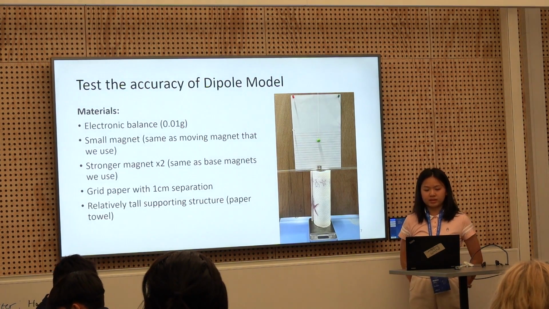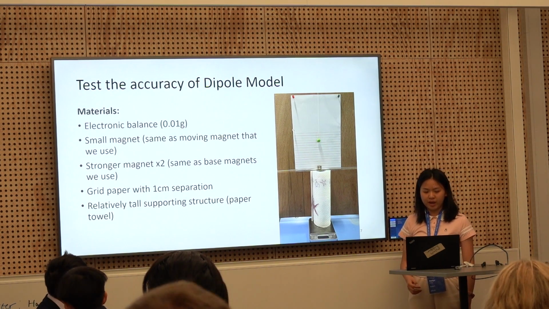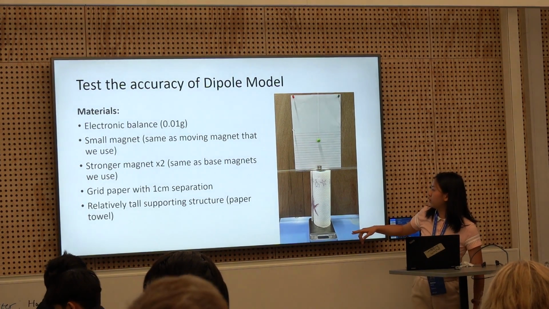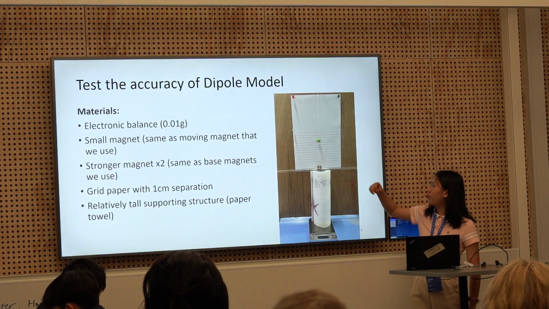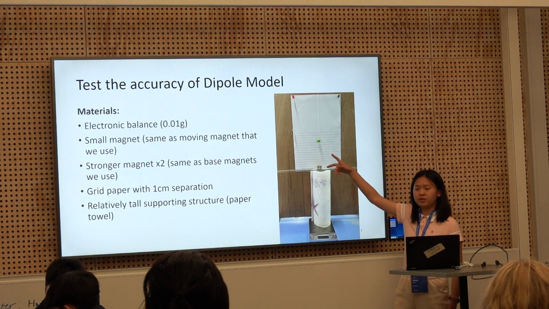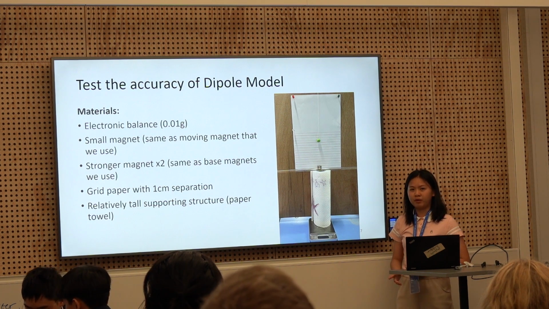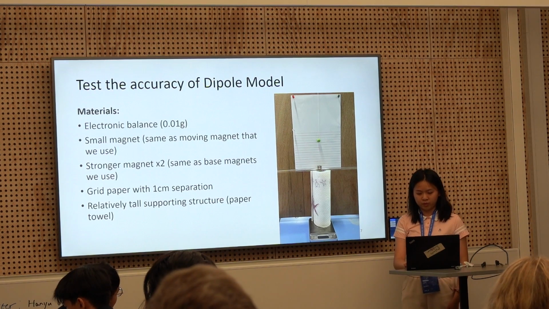And we have an experiment to test whether the model we use is correct. So we use an electronic balance to measure the force between them, and we vary the distance between them and fit the data in a line of a constant over r to the fourth.